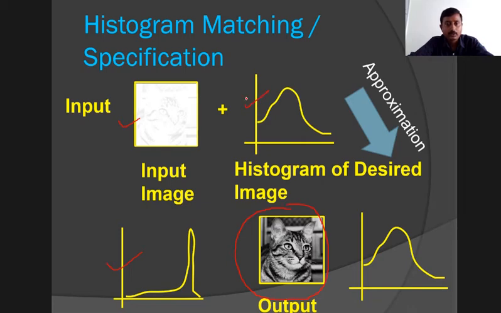Now we try to match the histogram of the input image with this histogram, and after applying that approximation we'll get the desired image whose histogram will look like the specified histogram. You will not get the exact histogram, but that output image will have a histogram very close to the specified histogram, and that approximation technique is known as the histogram matching technique.